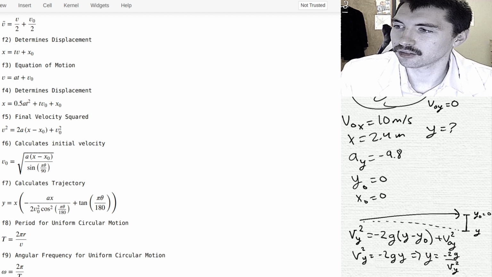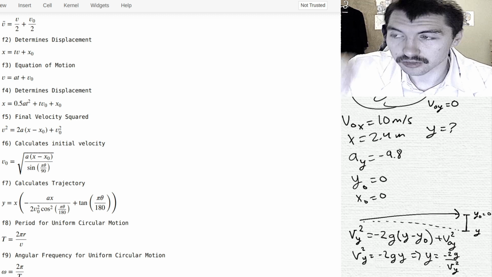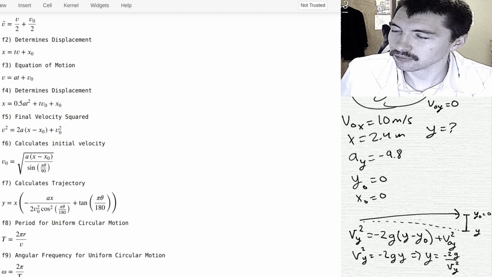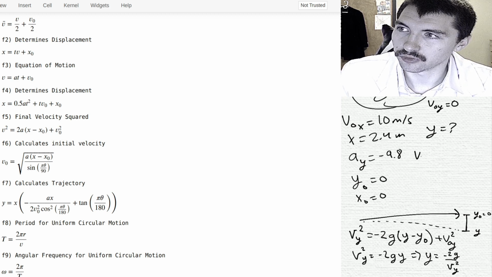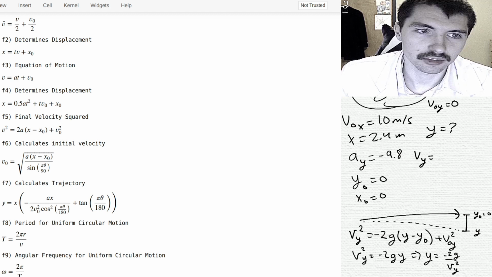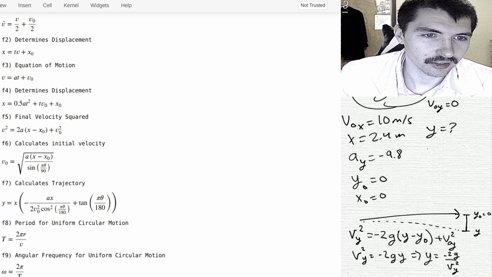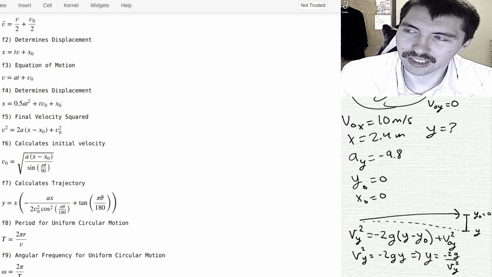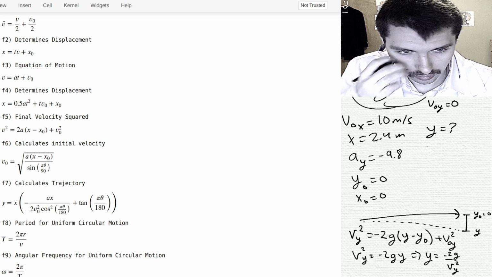Okay, so if we can figure out final velocity, we know it's 2 gravity divided by final velocity squared of y. So we need to find final velocity. So we want to know Vy is... see, everything has a time element. We don't have time. So that's why I'm having trouble.